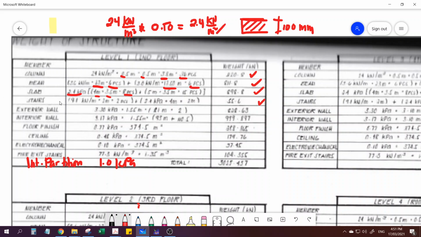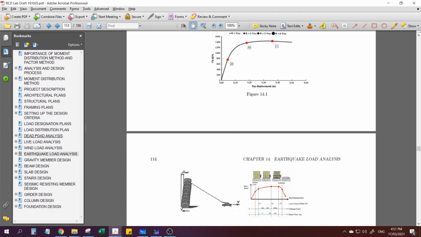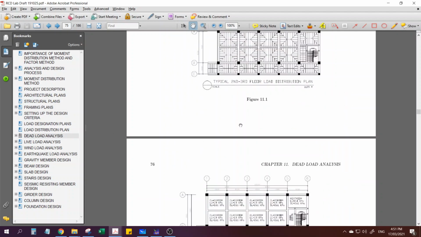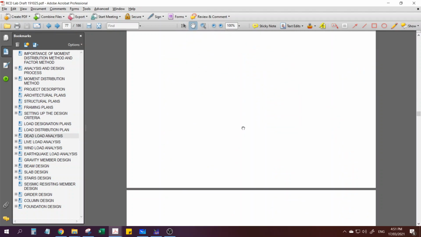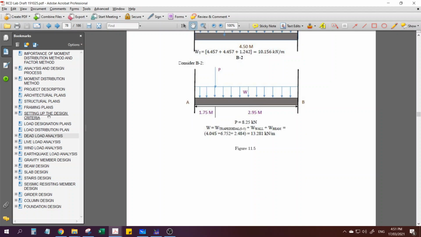specifically the exterior wall, no? So this is CHB kasi, no? We have a table here, dead load. Sorry, where is NSCP? Sign criteria.